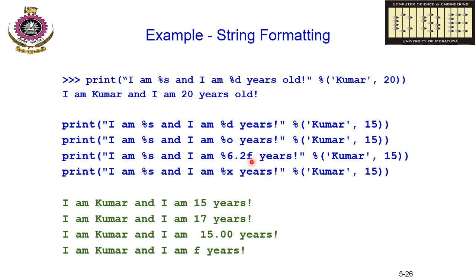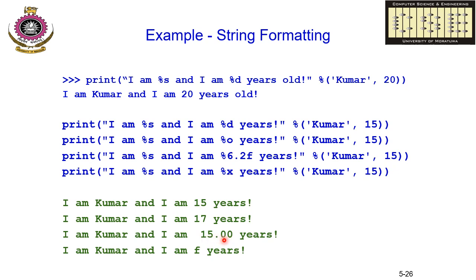And then next we have floating point representation. So 6.2 has a special meaning: f means the floating point representation, 0.2 means the number of decimal places, and the number 6 here means the total number of characters to use to represent the number. So how many characters is that? Here we have 1, 2 for the decimal places, and for the decimal symbol there's one more, 1, 2, 3, 4, 5.